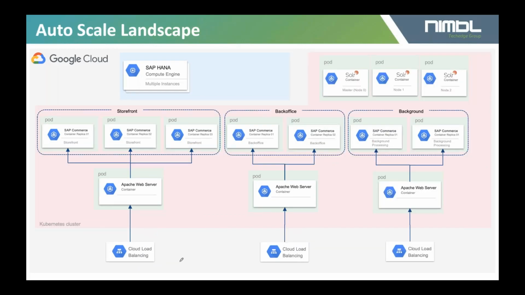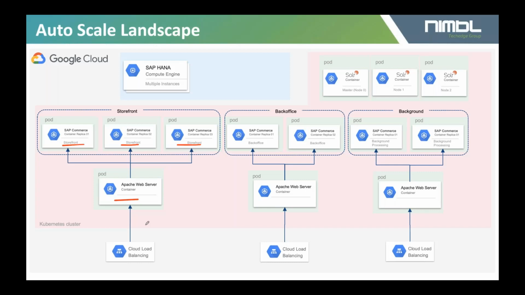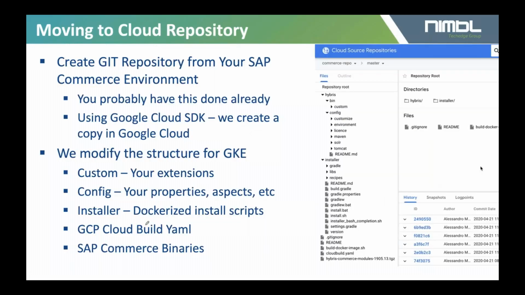Now, when looking at an auto-scaling production landscape, as demand increases, and remember, Apache is also auto-scaling as well. The web application server is auto-scaling. The back-end Hybris components are auto-scaling. Now, as demand is increasing, I am spinning up more Docker containers, spinning up more pods to handle that increased workload in that Google Kubernetes landscape, right?